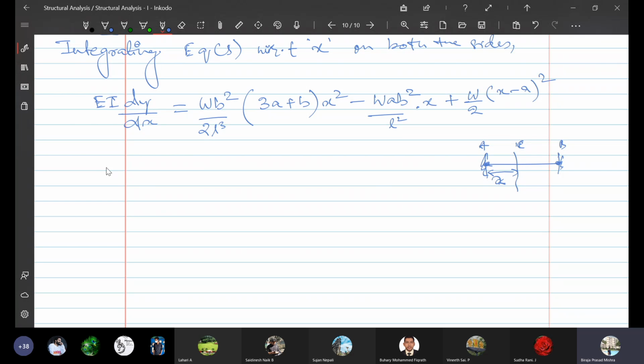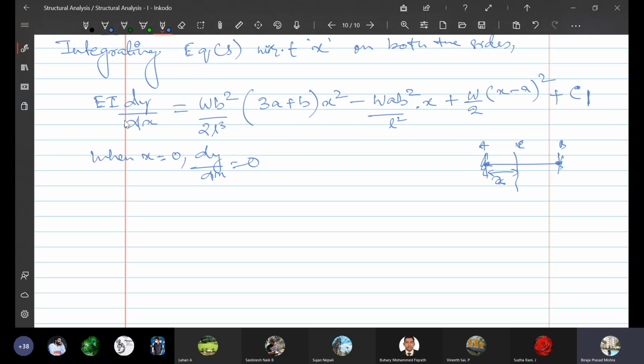So when x equals 0, dy by dx equals 0, and here we will have the value as C1.